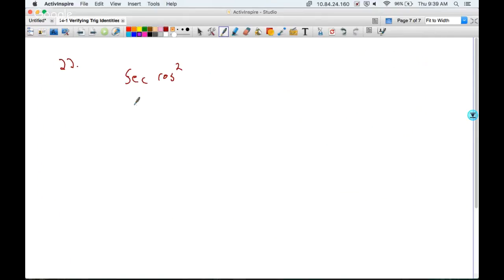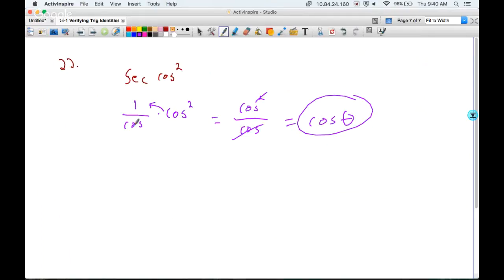This one I'm going to decompose first. 1 over cosine times cosine squared. This can hop on top of that fraction, so now I've got a cosine squared over cosine. A cosine cancels out with a cosine, and to show that I can just cancel out that little 2, and I'm left with cosine of theta. Final answer. 23.